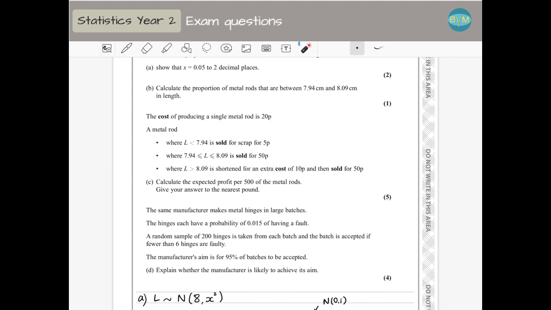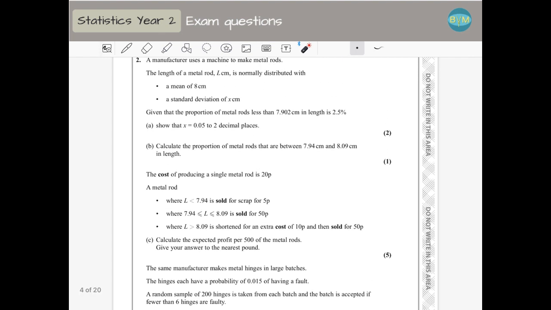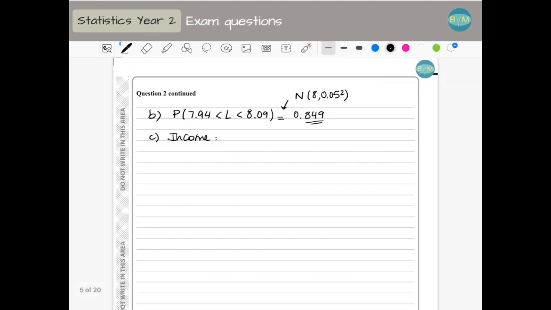So I need to know how many rods I have in each group. So what I need to find is the proportion, the percentage, or the probability. I want the probability of being smaller than 7.94. That's the first thing I'm going to do. I do it with the calculator, normal CD, and this is 0.11507.